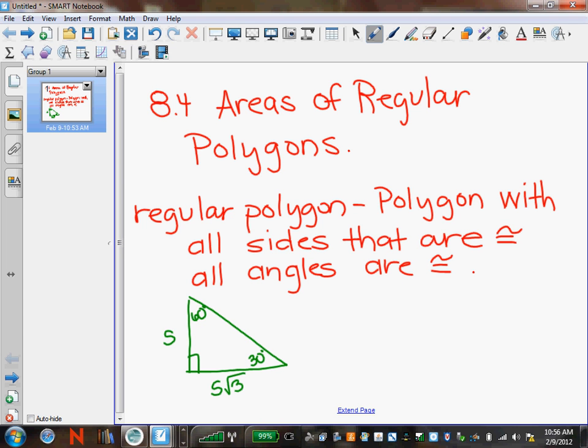And then the hypotenuse is 2 times the short side. In a 45, 45, 90 triangle, both the legs are congruent because it's an isosceles right triangle. So I call these two lengths L, and then the hypotenuse is L square root of 2. So you are going to have to use those to solve these problems.